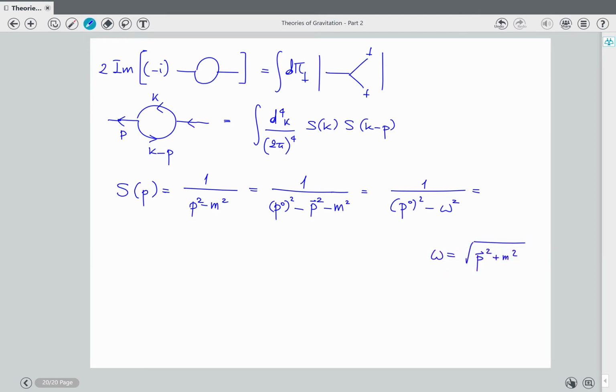And that can also be written as 1 divided by 2 omega, times 1 divided by P0 minus omega, minus 1 divided by P0 plus omega. This integral we define as M of P. It's the amplitude. It depends on an external momentum P, and k is the loop momentum.